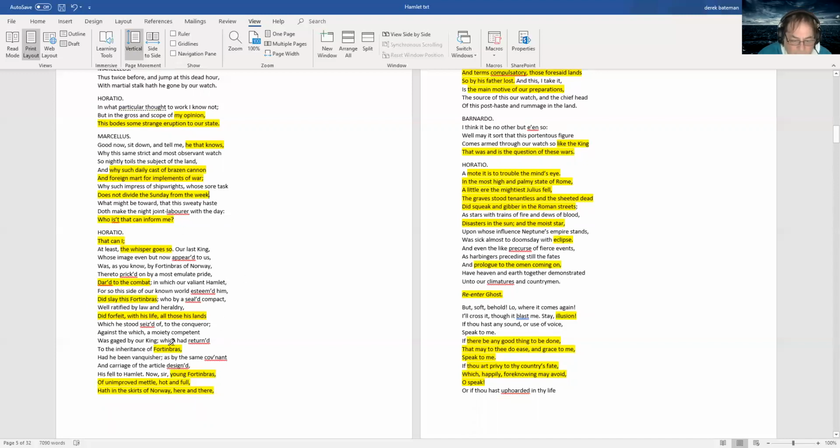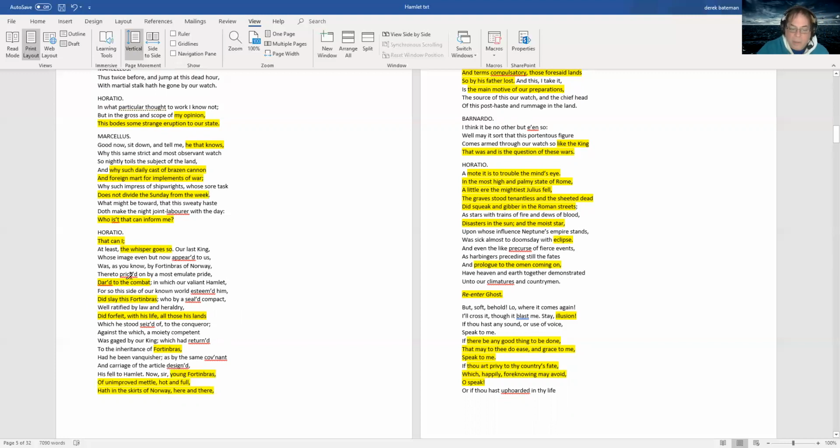Now, what is explained here? "Our last king, whose image even now appeared to us, was, as you know, by Fortinbras of Norway, thereto pricked on by a most emulate pride, dared to the combat."